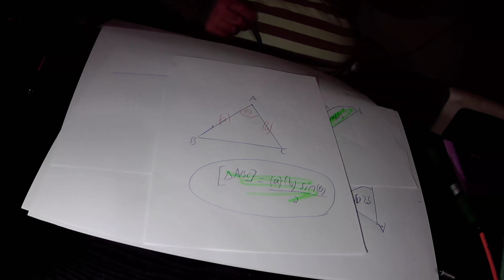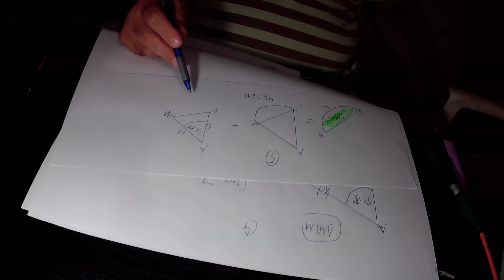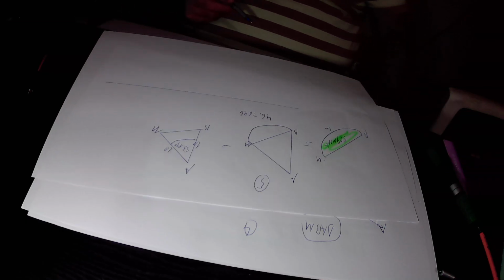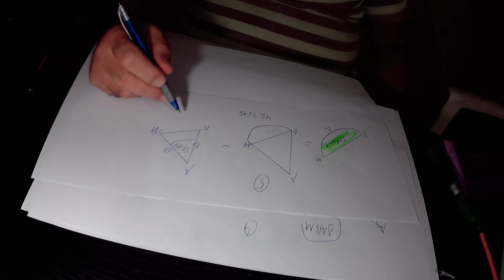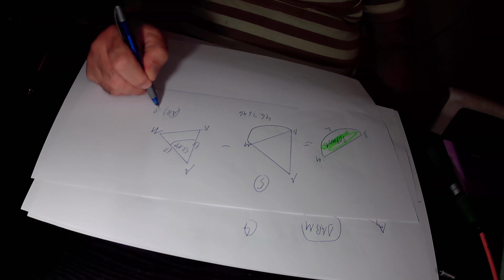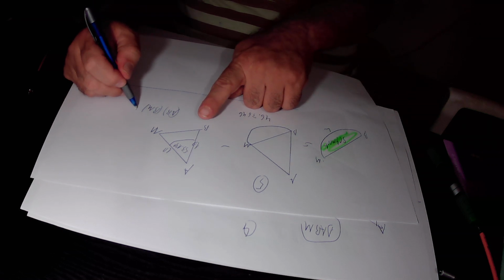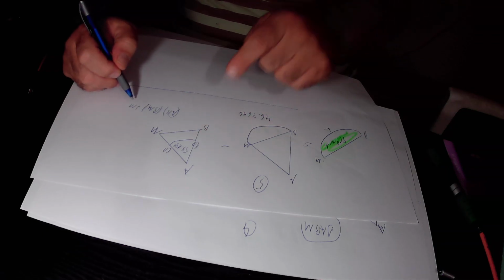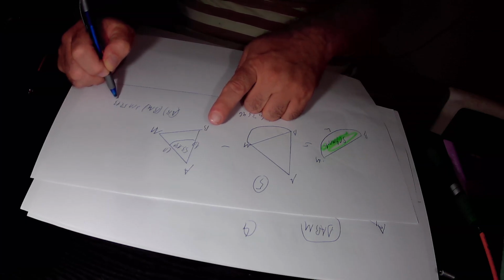So we use this formula in order to find out the area of this triangle ABM. According to the formula that I presented to you, the area of this triangle ABM will be equal to AB times BM times sine of the angle between those two sides, that is 53.13 degrees, over 2.